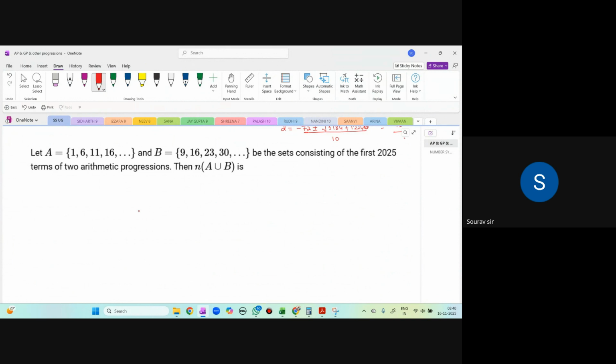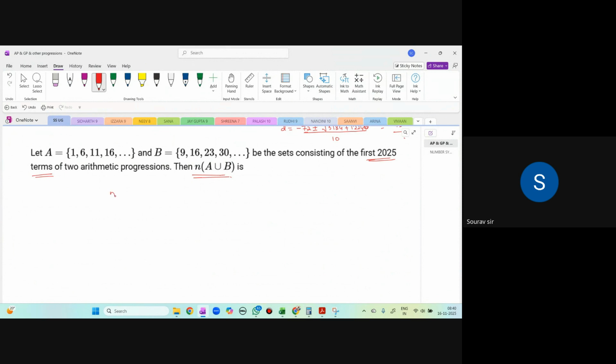Next one. Let A be an AP series 1, 6, 11, 16. B is another series 9, 16, 23, 30. The two APs consist of the first 2025 terms. What is the number of terms of A union B?